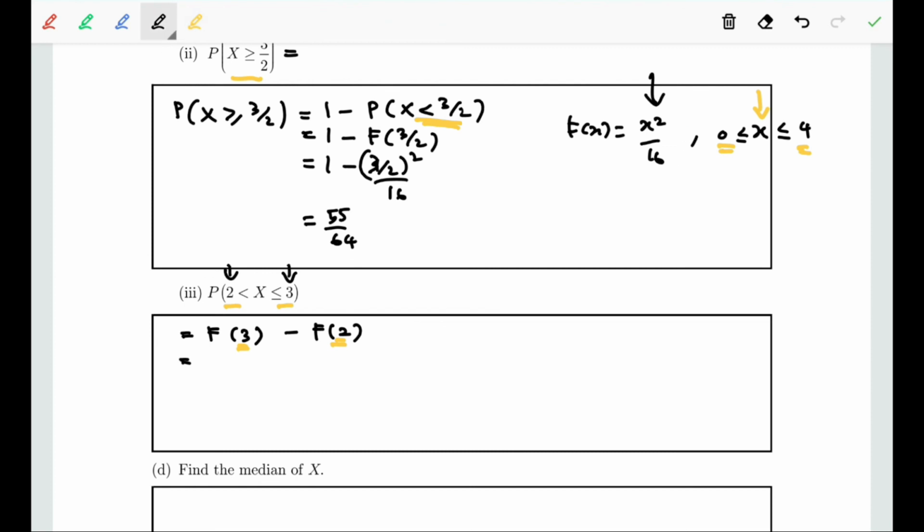So it should be 3 squared over 16 minus 2 squared over 16. Then calculate, and you will get 5 over 16 for the final answer.